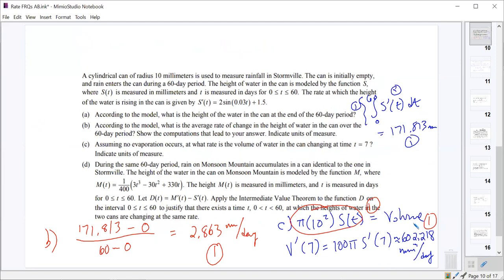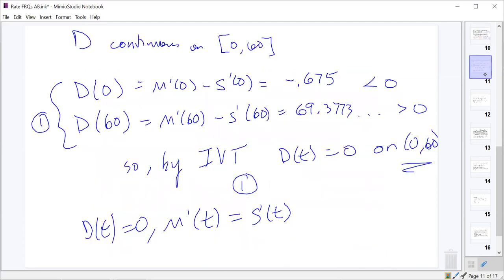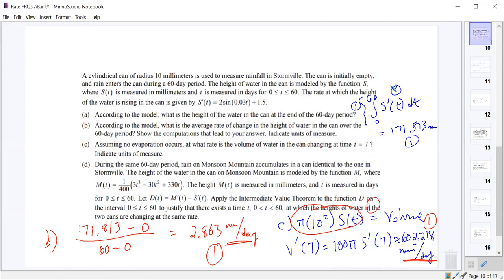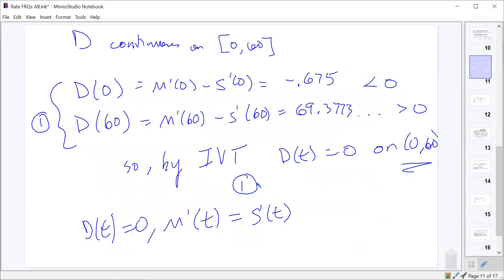And then, like I was saying, it was 1 point for having either the right units here or the right units here. So there was an extra point still attached to the total of question 9. So you had 1, 2, 3 up here, 4, 5, 6, 7, 8, 1 for those units that we're talking about.